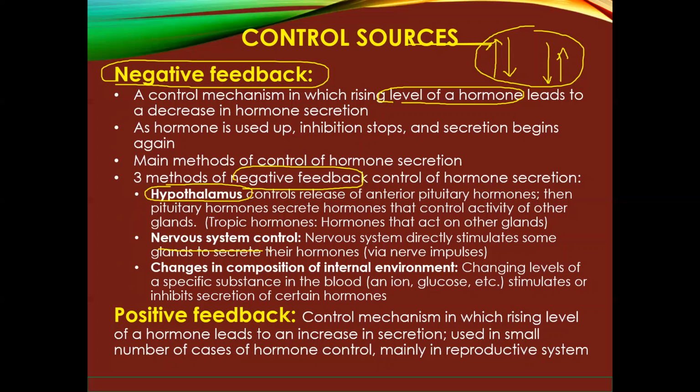The second uses the nervous system controls, so the nervous system will increase or decrease the hormone production based on the stimulus, and also the change of composition in the internal environment. Like for example, when the insulin level is increased, then the pancreas will decrease the insulin production right away. So this is the negative feedback system.